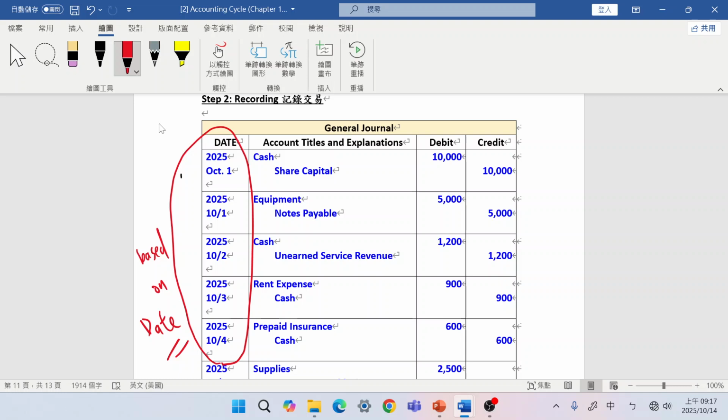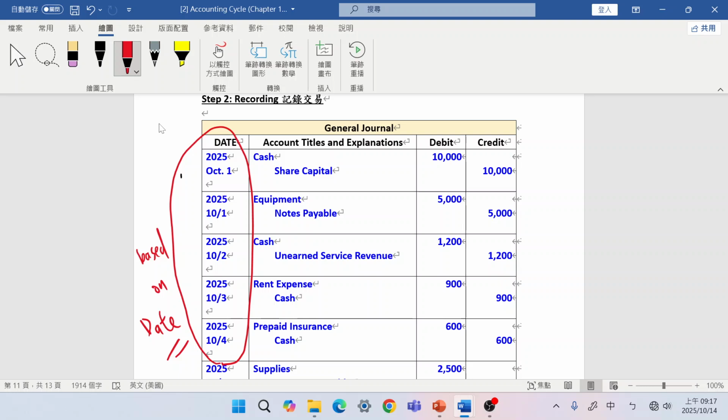How about any account on equity? Increase, we put it on right, credit. Decrease, we put it on left, debit. How about revenues? The same side with equity, right? So increase on right, credit, decrease on left, debit. How about expenses, dividends?